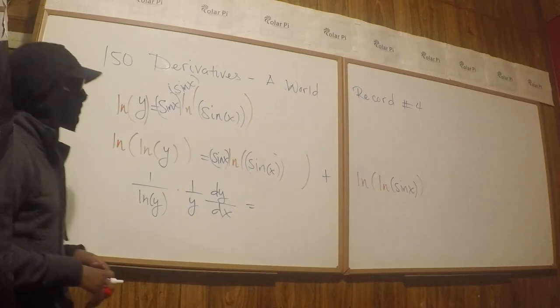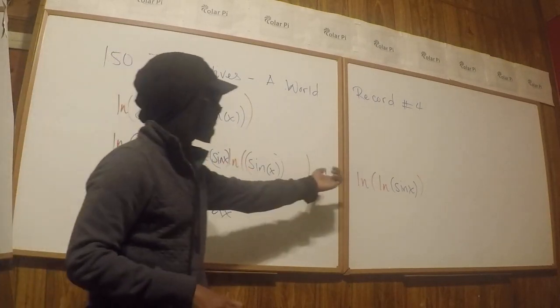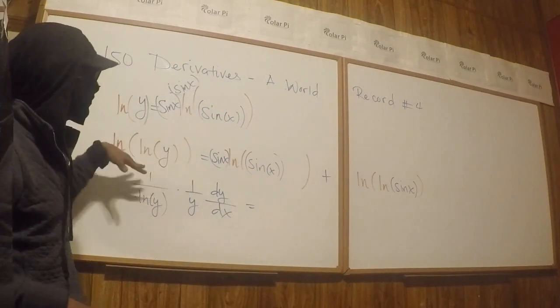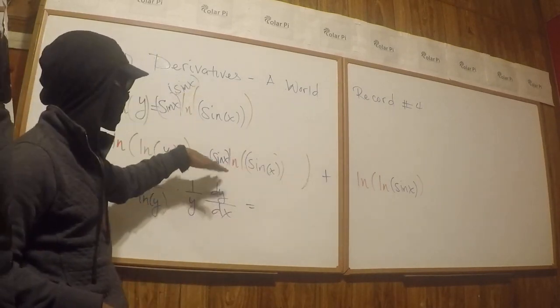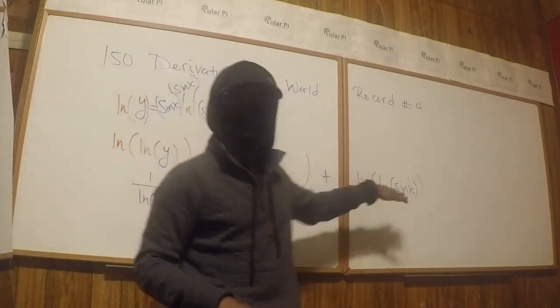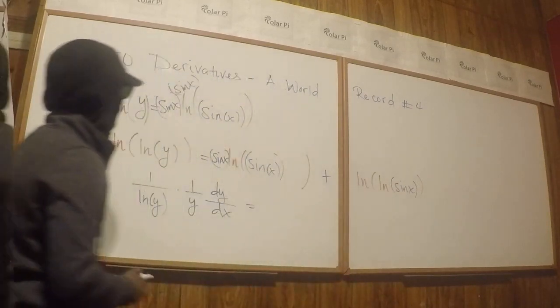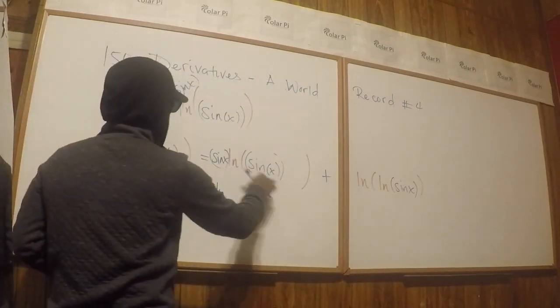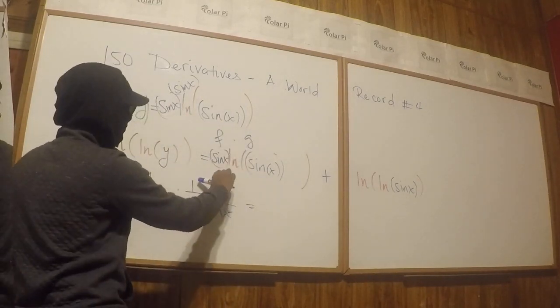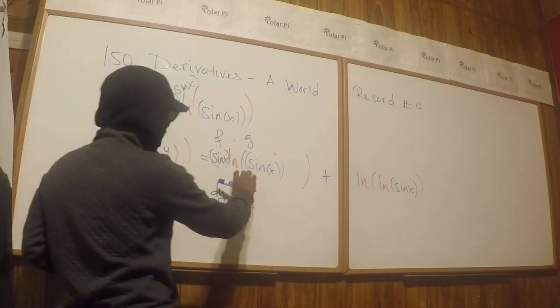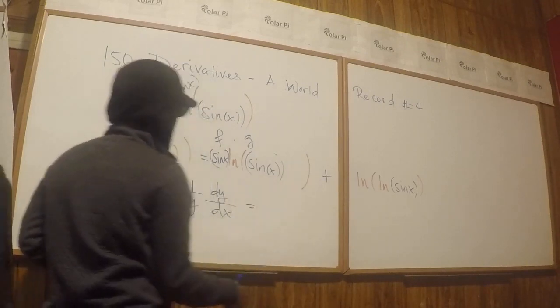Now, in differentiating this right-hand side, remember we've already differentiated the left side. I have to keep the product rule in mind here and the chain rule in mind right there. The product rule says I've got f times g. f is sine x, and g is ln of sine x.